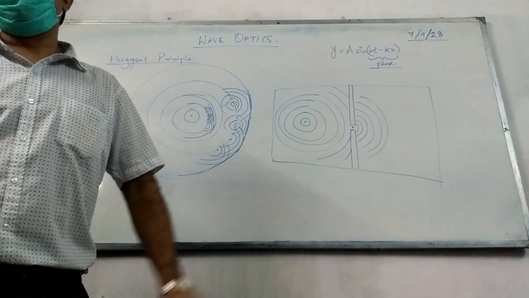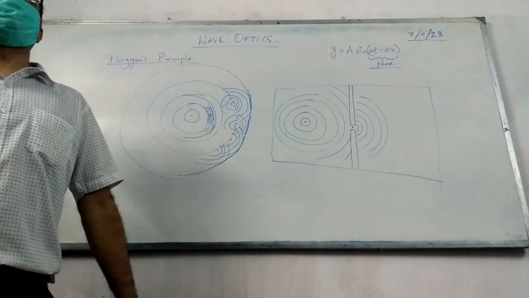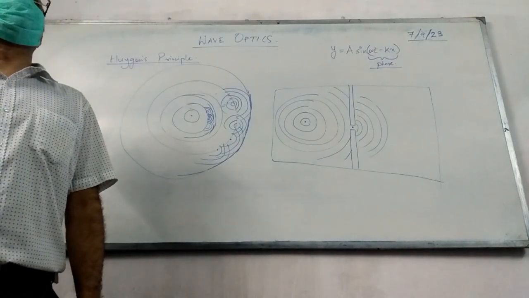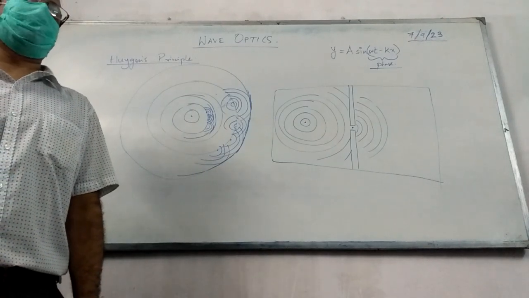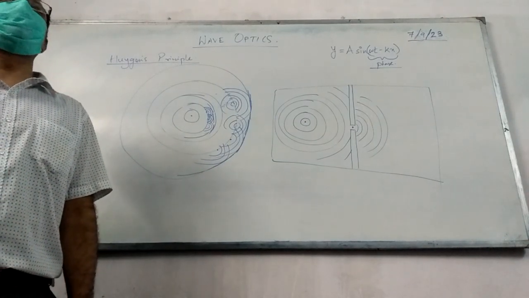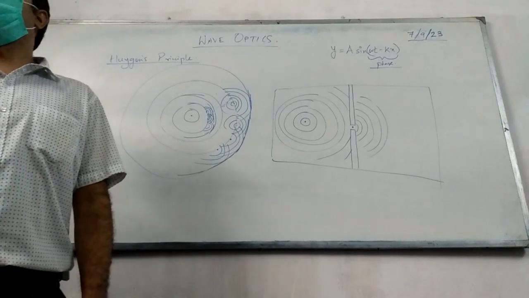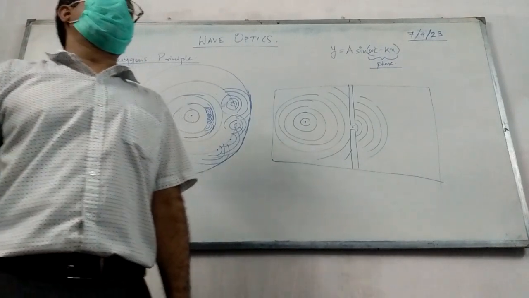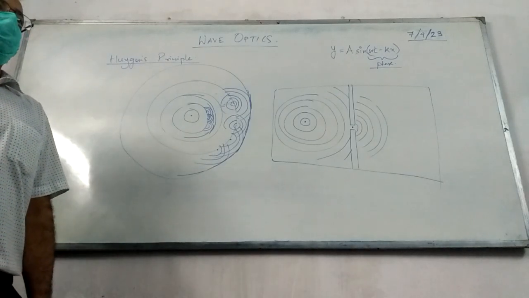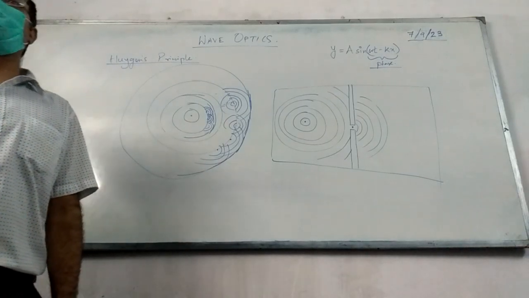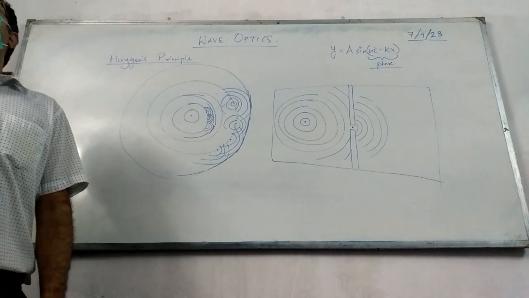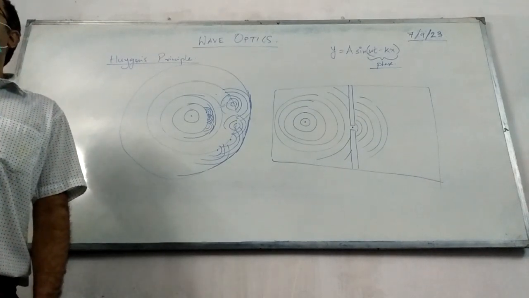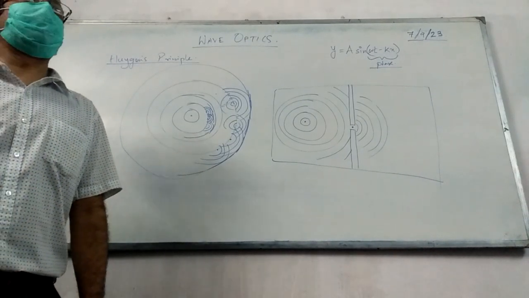Because we are doing light waves. मैंने वाटर का एग्जांपल क्यों लिया? ताकि तुम लोगों को समझ में आए कि होता क्या है in everyday life. But we will actually be dealing with light waves. ठीक है? क्योंकि तुम लोगों को चीज जो दिखता नहीं है ना, वो समझने में हम लोगों को प्रॉब्लम होता है. So इसीलिए I wanted to make you visualize, but we'll be dealing with light waves. Wave optics deals with light waves and not the mechanical physical waves.